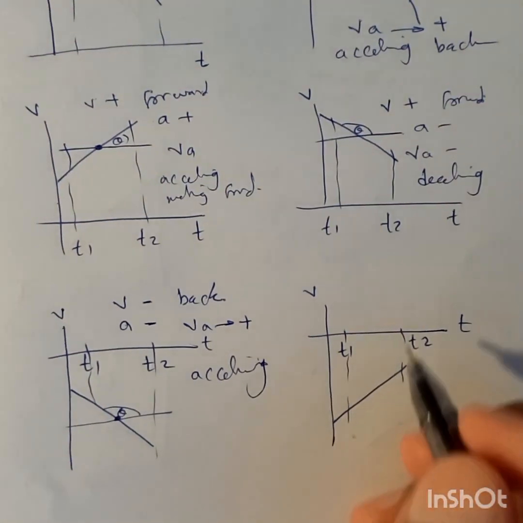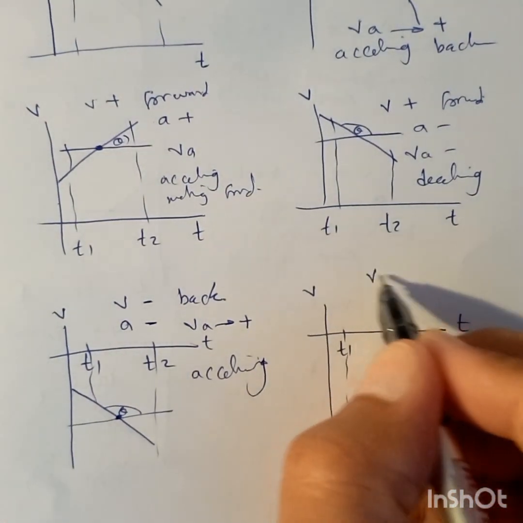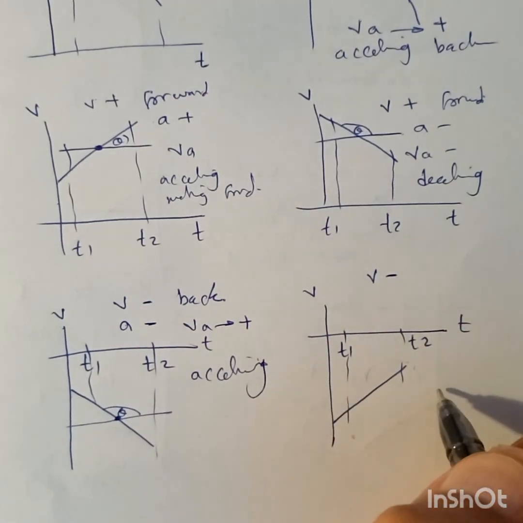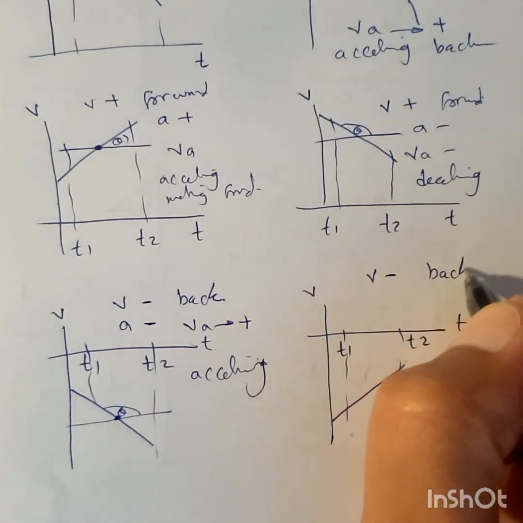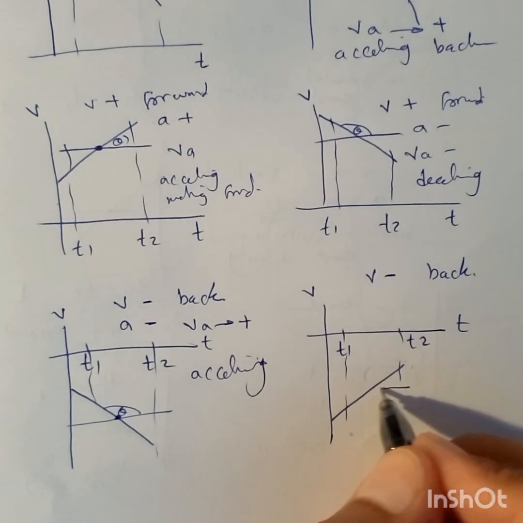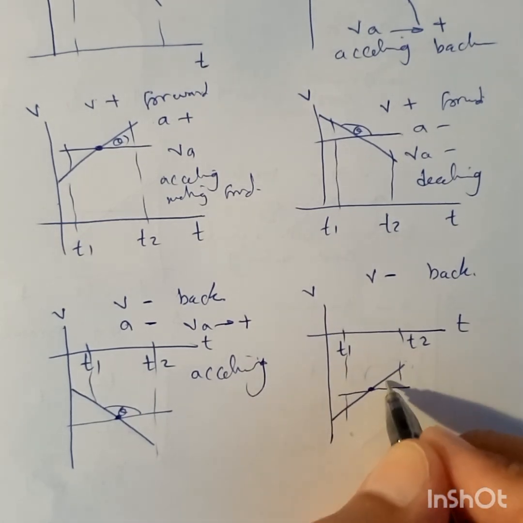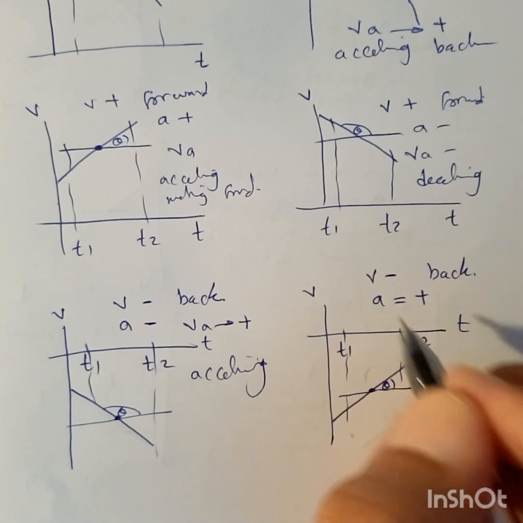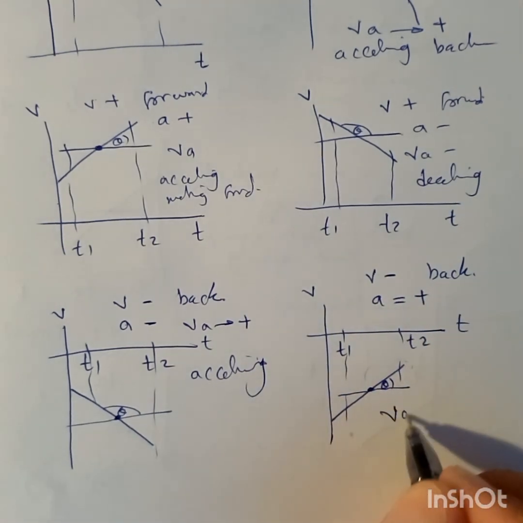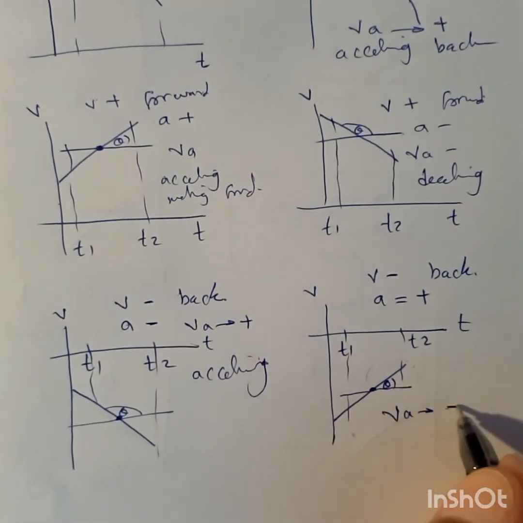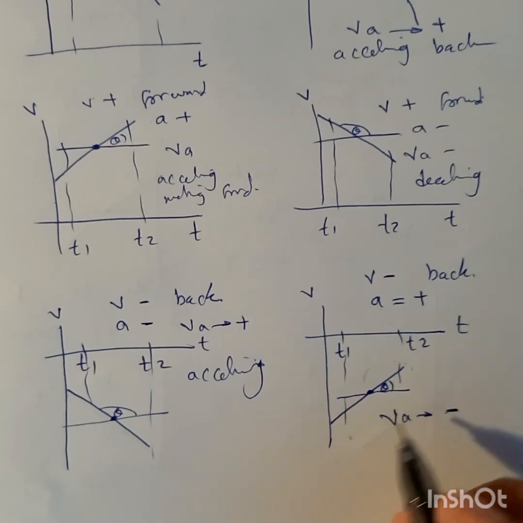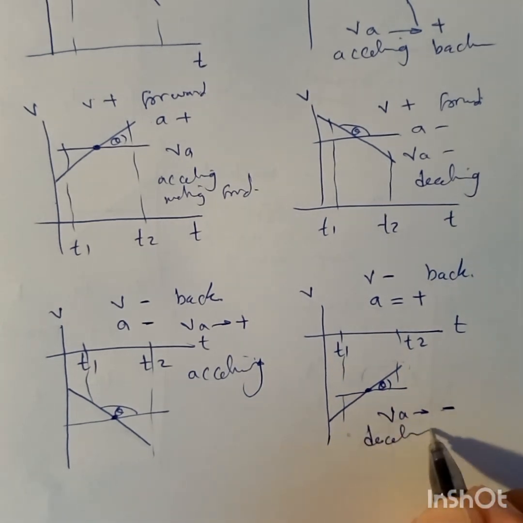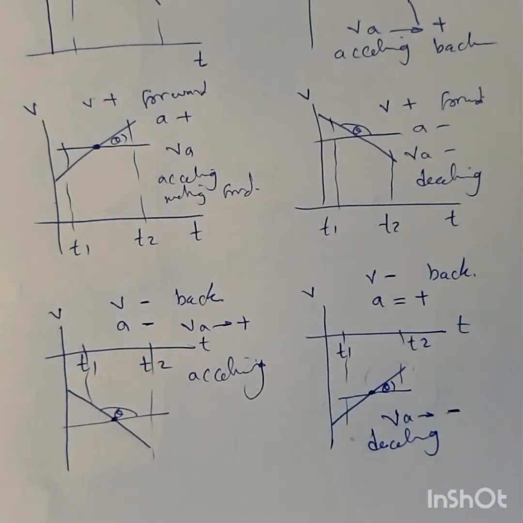Okay, and for this last curve we have v is negative as the curve is below the x-axis, and we have backward direction also. But here the slope of this curve is positive, then acceleration is positive. By multiplying v and a we get a negative value, then we have a decelerating motion in backward direction.